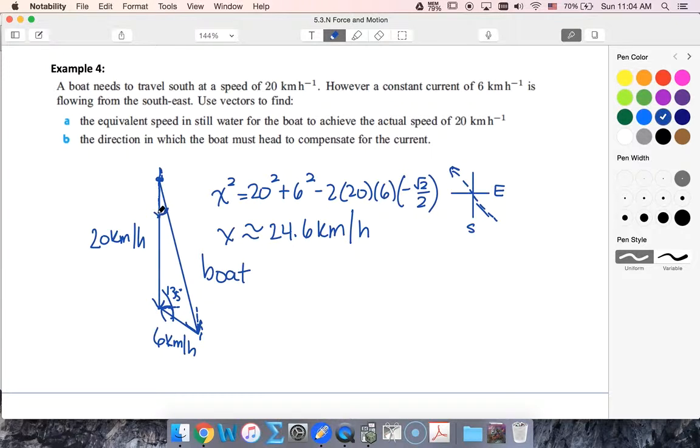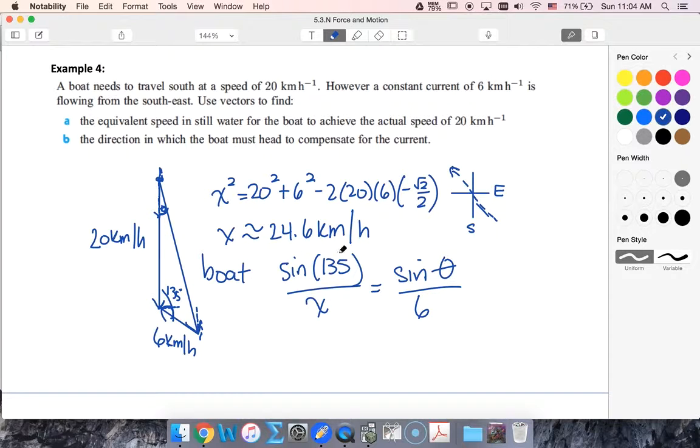So we're pointed south and then we go some amount to the east. That's my theta. So I could use sine rule for this because now I know this length. So I could use sine of 135 over my x value is equal to sine of theta over 6.